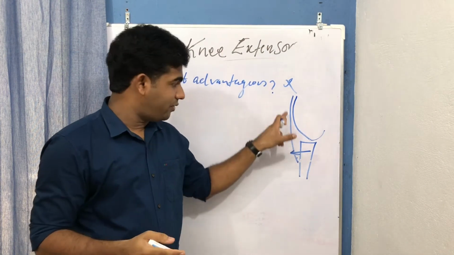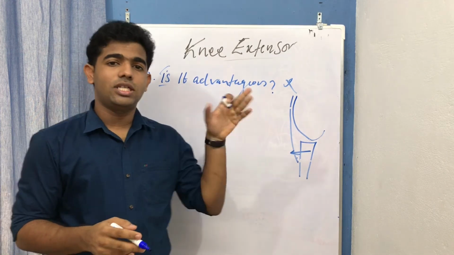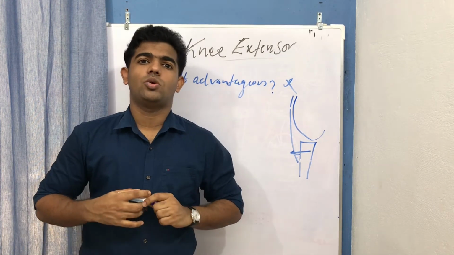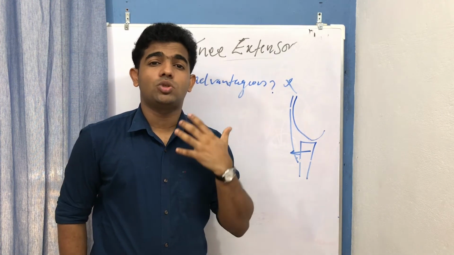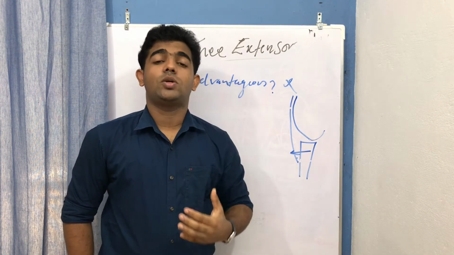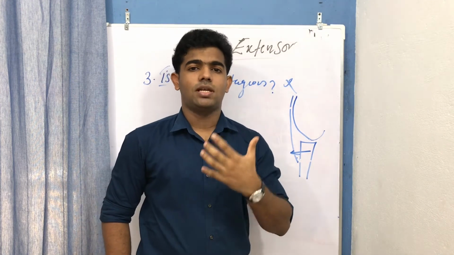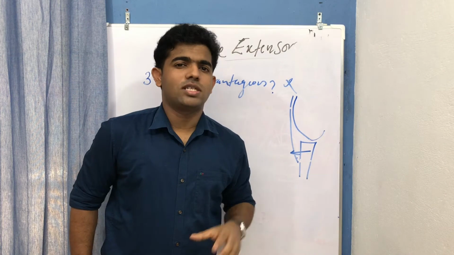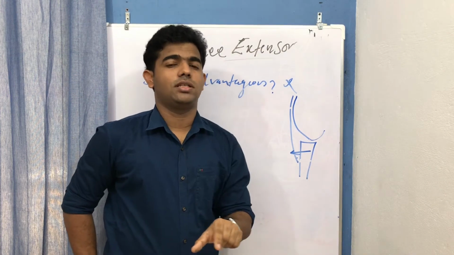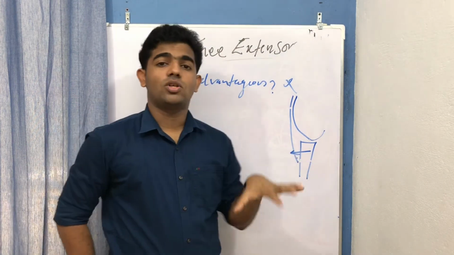The ACL. So when the quadriceps action increases, it is going to adversely affect your ACL. That means it is going to stress your ACL. So when quadriceps activation increases, or when there is a greater moment and greater line of pull, the ACL is going to be strained.